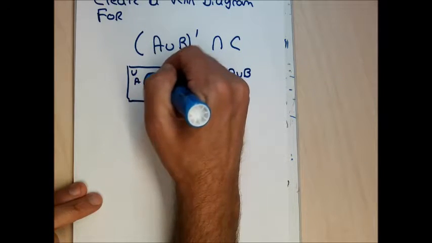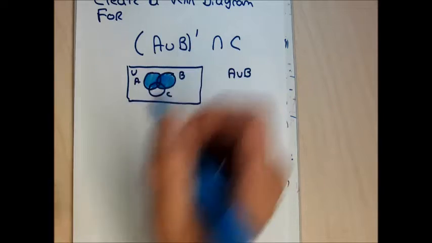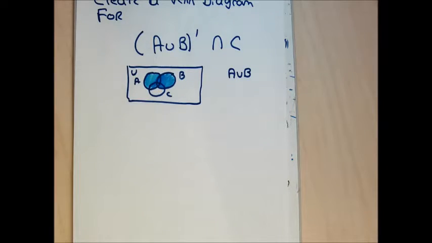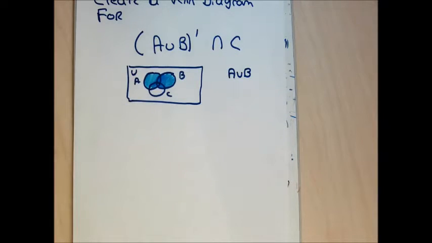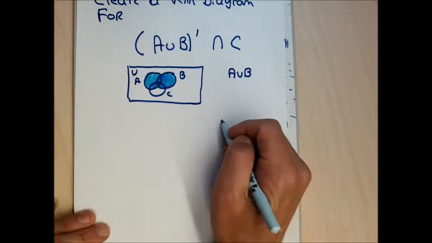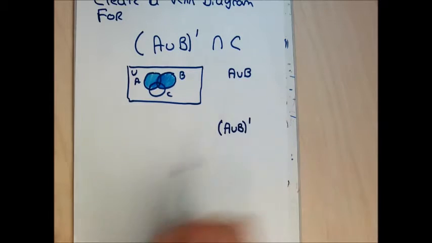I take the entire A circle, shade it in, and I shade in the entire B circle. So I shaded the entire A circle and the entire B circle one color because it's union. That's not a picture of my parentheses. My parentheses asks me to draw A union B complement.